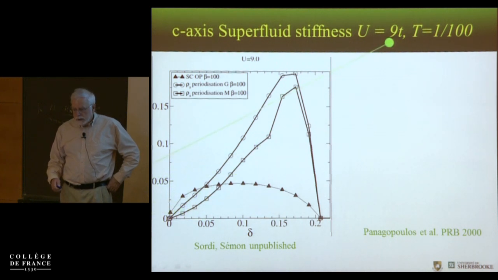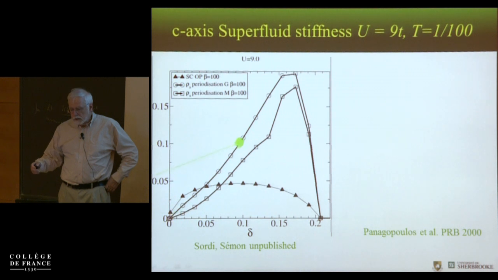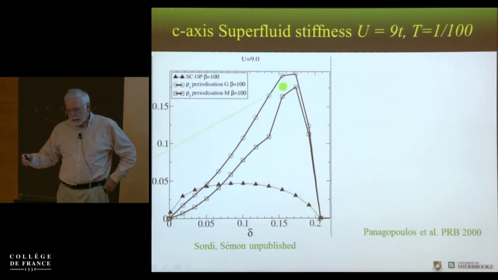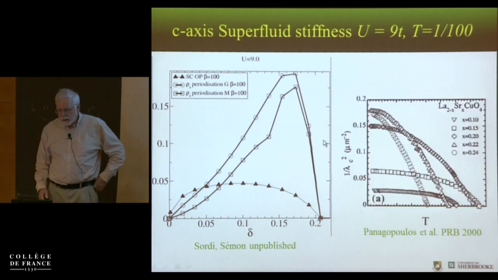This is for U equals 9 at very low temperature, and you see the order parameter and the superfluid stiffness. There are two lines here because there are some uncertainties in the calculations that I will discuss in the last lecture, but that's an estimate of the error bar if you want. Then it falls very quickly.